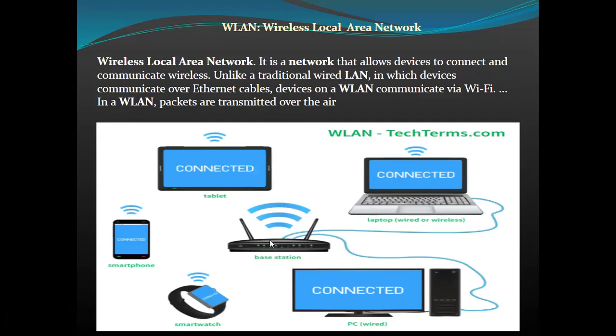As you can see, for instance, this tablet is connected to the base station wirelessly. The smartphone is connected wirelessly, the watch here is connected wirelessly, and the TV, as you can see, is connected wirelessly. So basically, WLAN is just a Wi-Fi connection kind of thing.